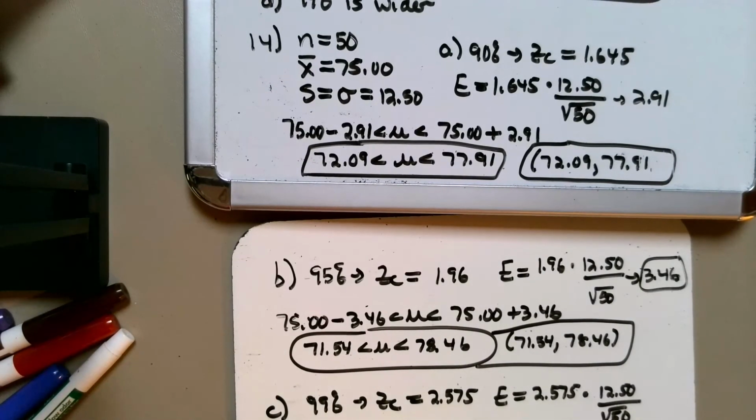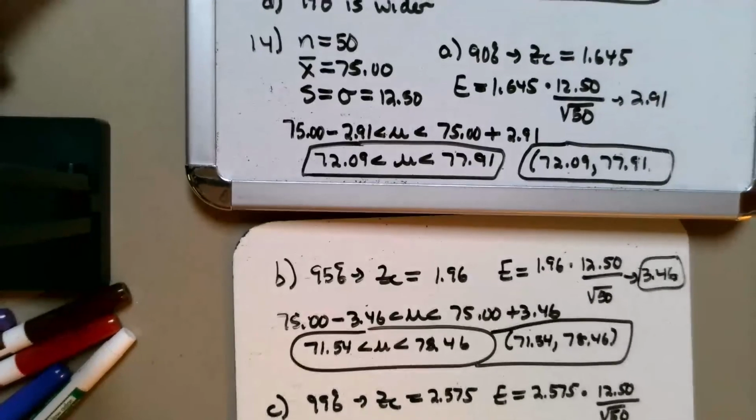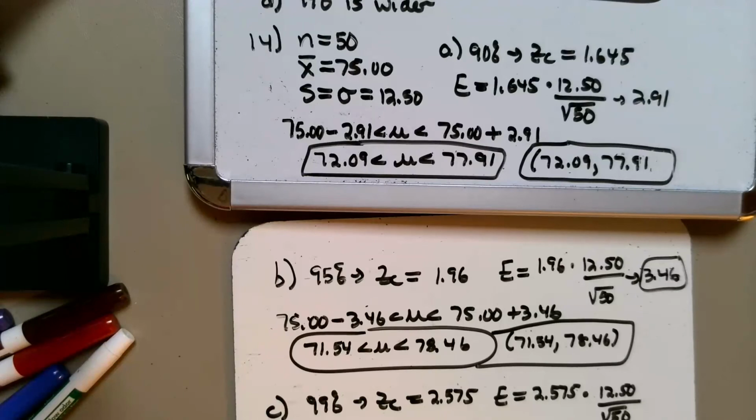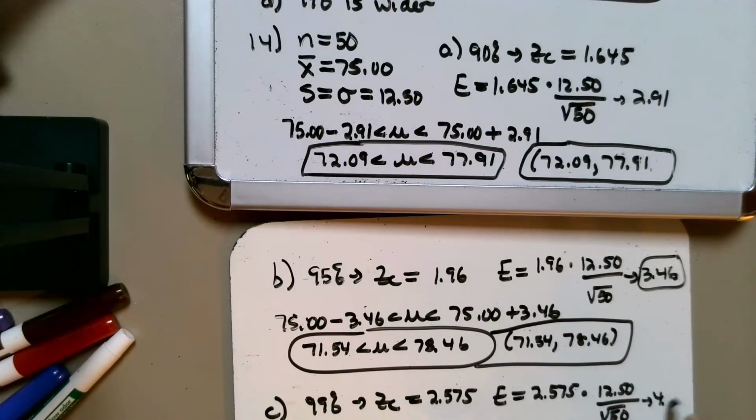So 2.575 times 12.50 divided by the square root of 50, about 7.0711, equals 4.551, so about $4.55 approximately.